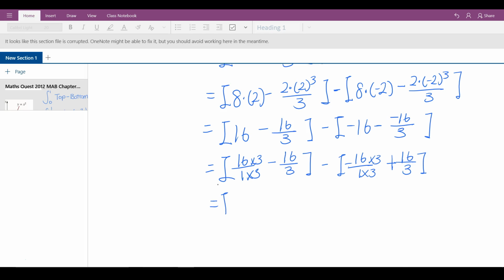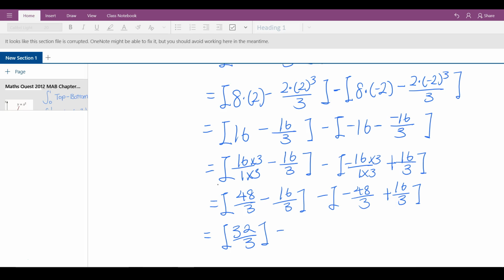So 6 times 3 is 18, and 48 over 3 minus 16 over 3 minus 48 over 3 plus 16 over 3. That will give us 48 take away 16, which gives you 32 over 3, minus, now this -48 plus 16 will give you -32 over 3.